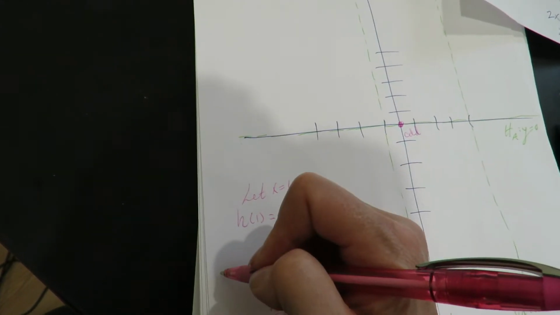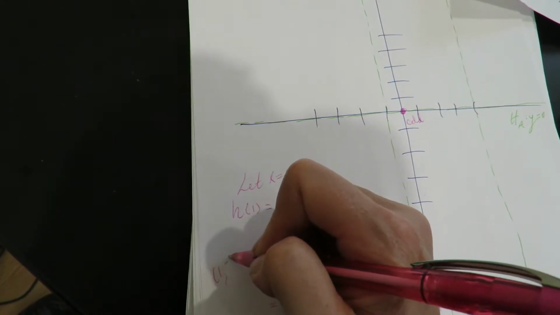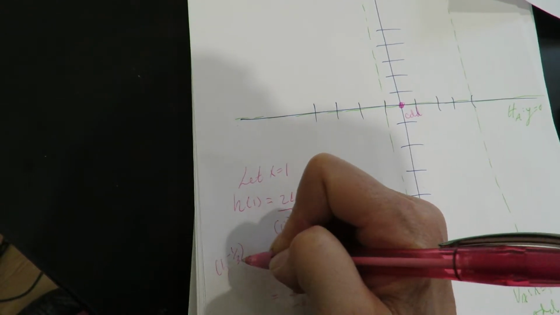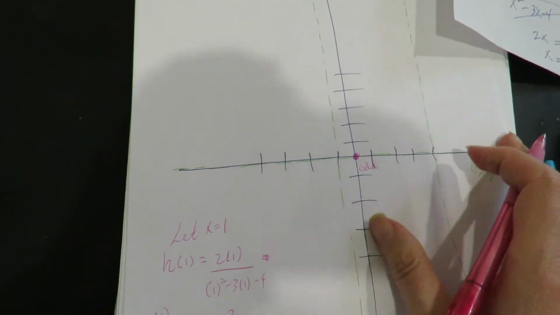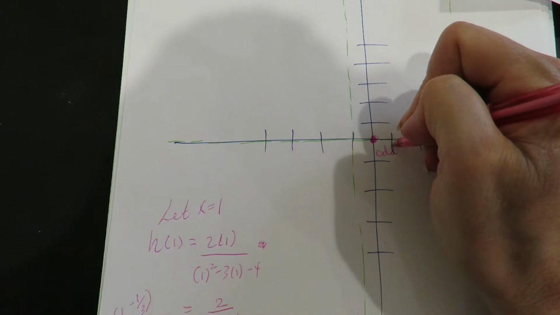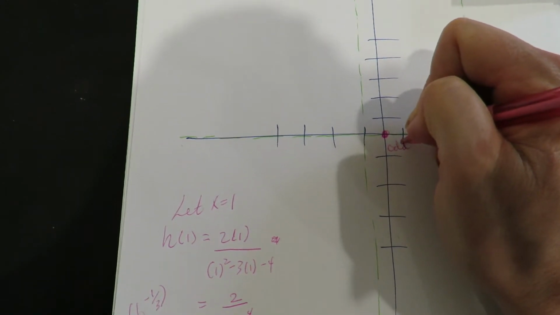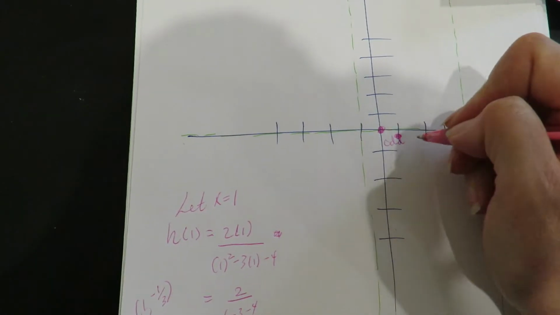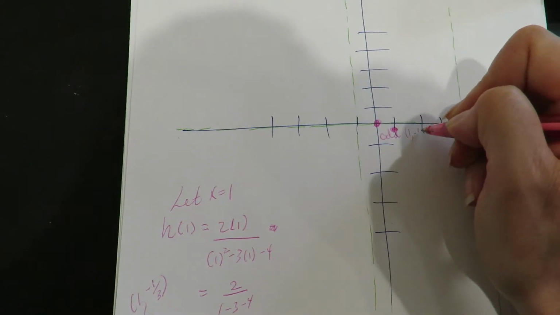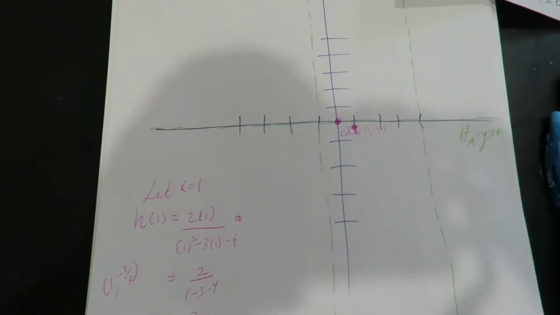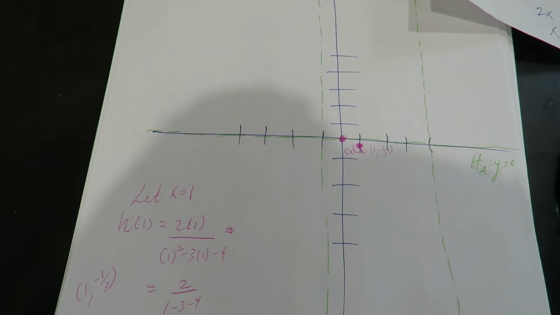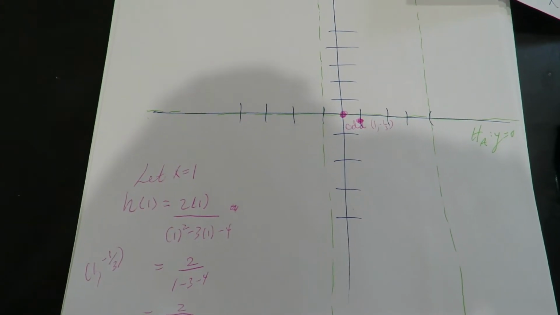Okay, so at 1, it says I need to be at negative 1/3. That's the point. So at 1, I need to be at negative 1/3. I need to be here. All right, and now I can see the entire picture. It's all going to work now.